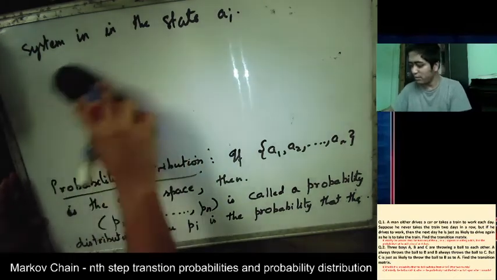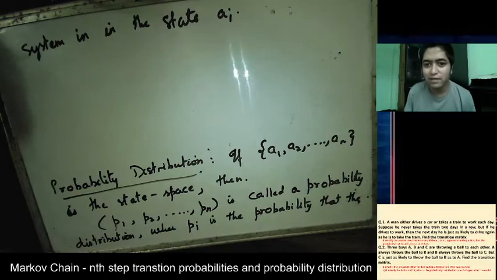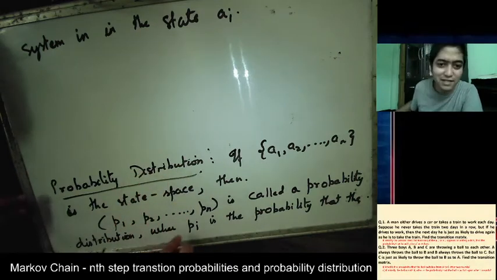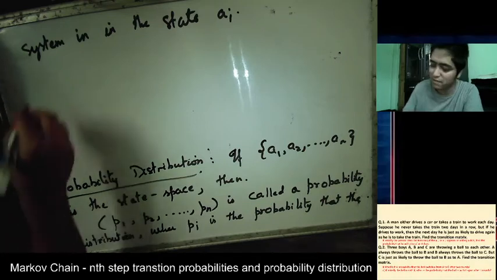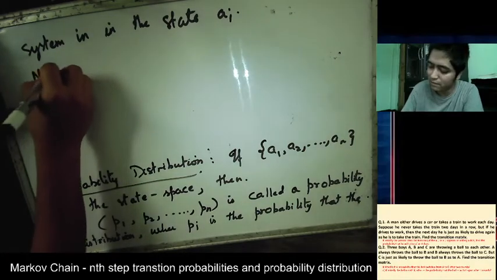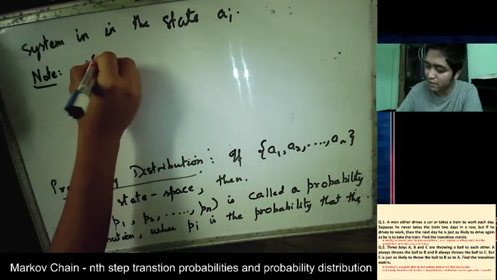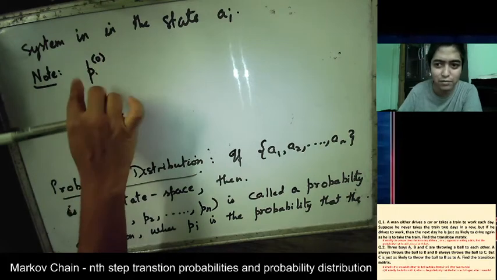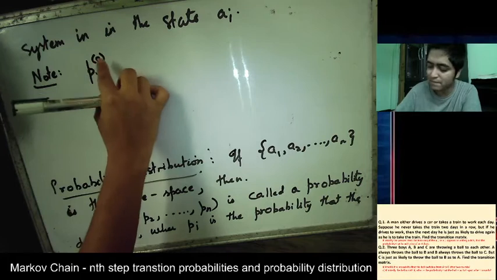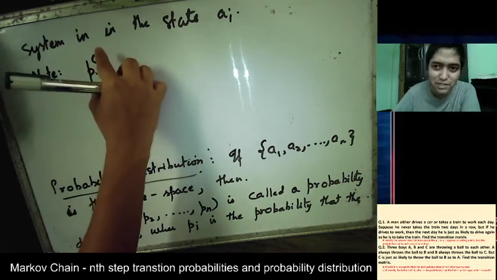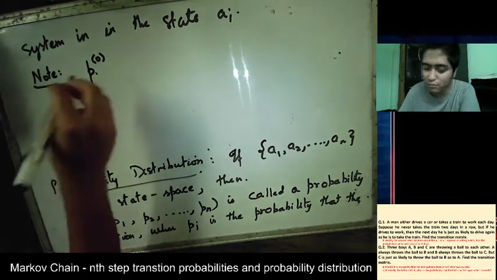What we will do over here, usually, is have some sort of an initial probability distribution. Over here I'm writing P0, do not make any confusion. This one is not P power 0, it is just a notation.